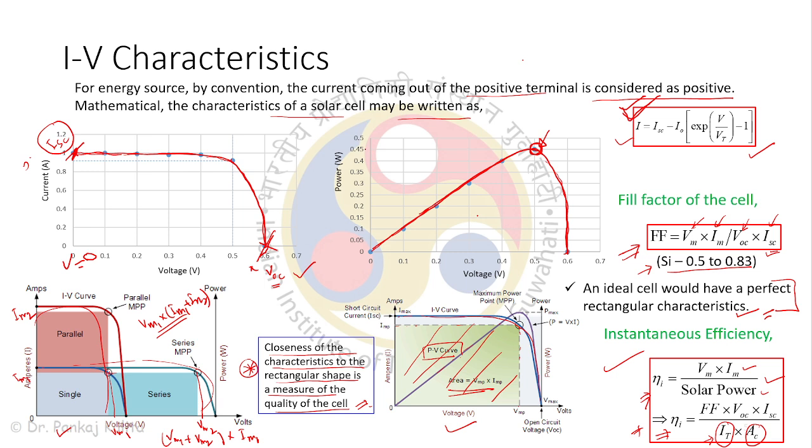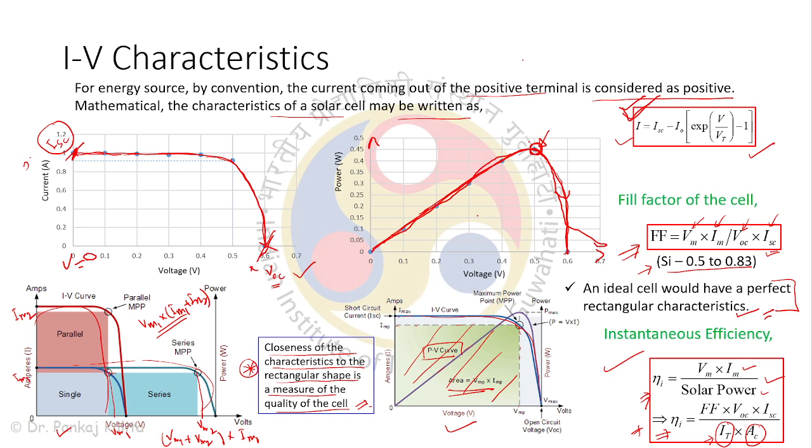If you plot P versus V, here it's power and here it's voltage. Okay, the graph will look something like this. As you increase the voltage, the power will increase. After reaching some point, it will not increase further, it will decrease. Okay, these are for parallel and series connections that we will see later.